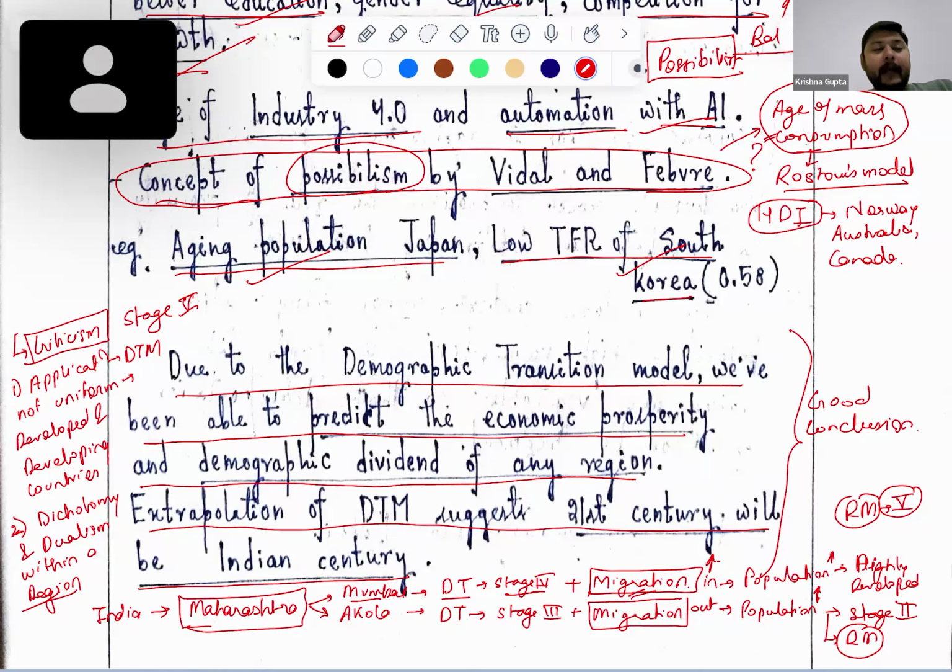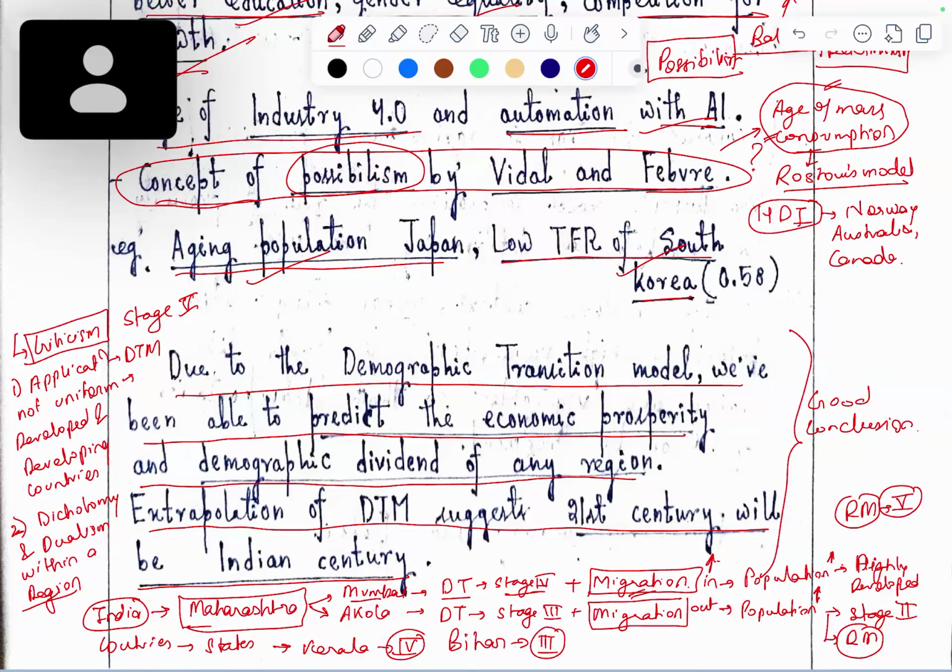You can either take the example of India, or you can take examples of various countries. You can also compare states like Kerala, which is in stage 4, and Bihar, which is under stage 3.